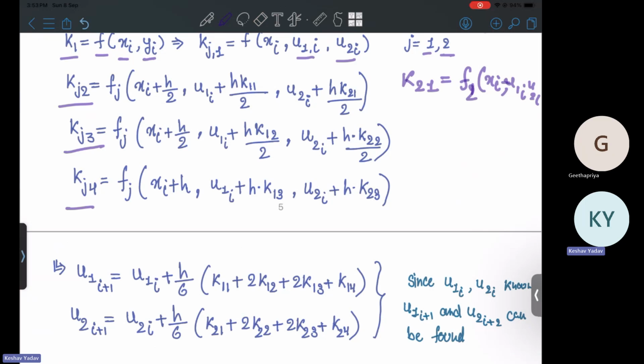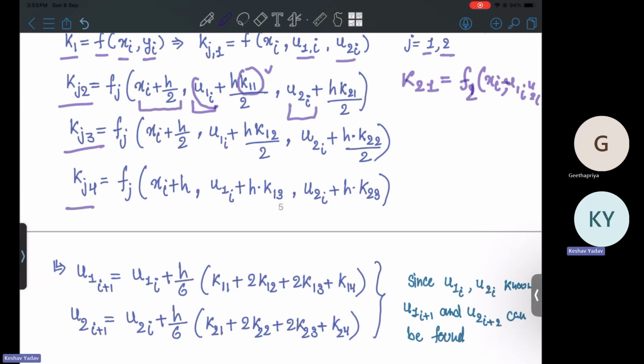Okay. So if I am writing k2, that will be equal to xi plus h by 2. This is simple. Now here u1 at ith plus h by 2. Now there will be a multiple. So the multiple will come from the first equation. Since here is u1, so the u1 multiple will come here, k1 from the first equation.